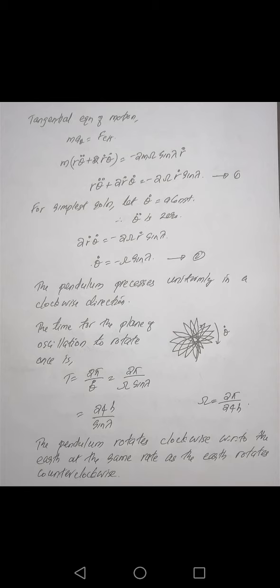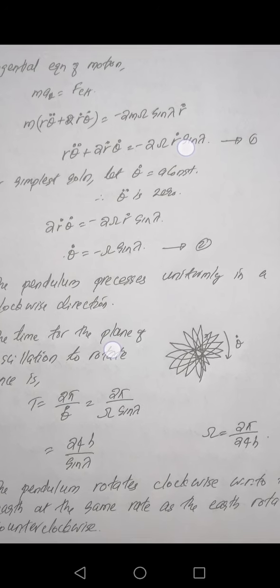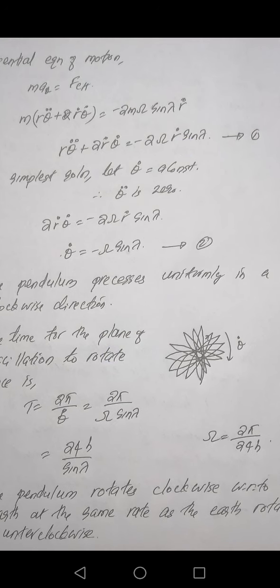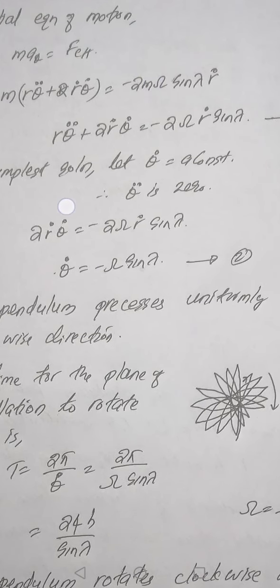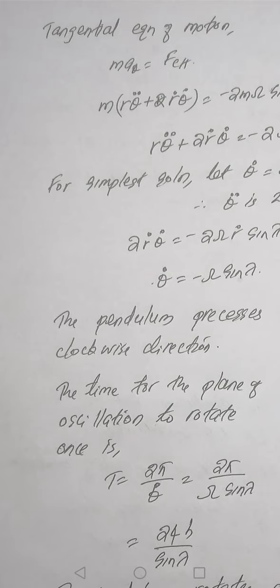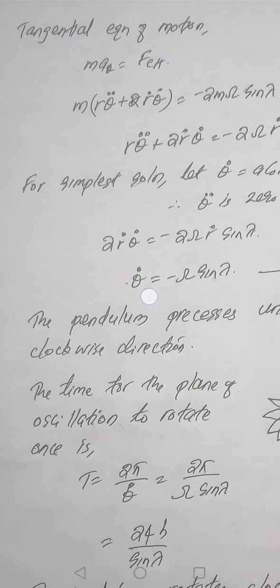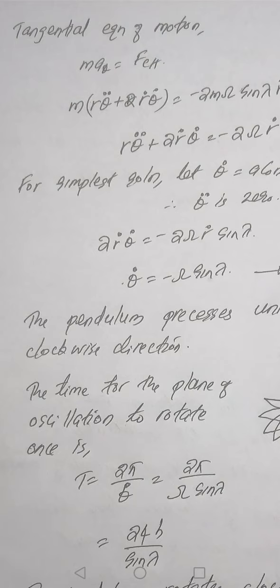Therefore the tangential equation is force m a theta equal to FCH, the horizontal Coriolis force. We know what a theta is in polar coordinates: a theta is r theta double dot plus 2r dot theta dot.